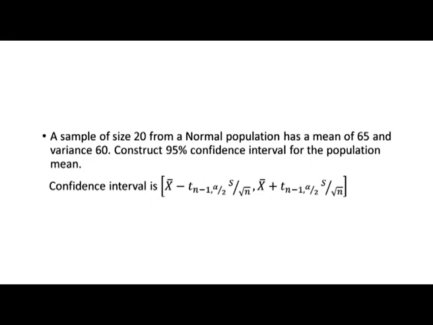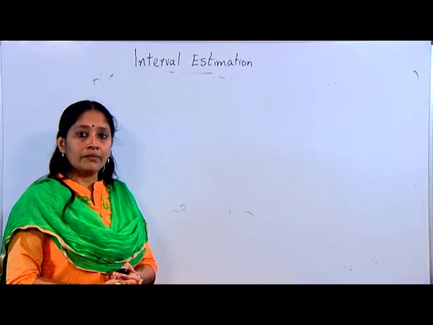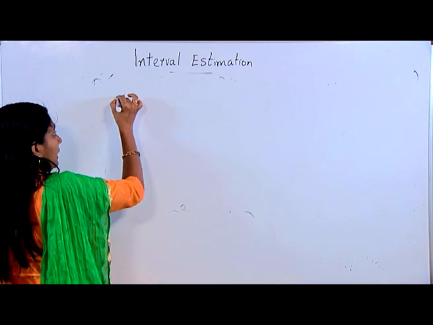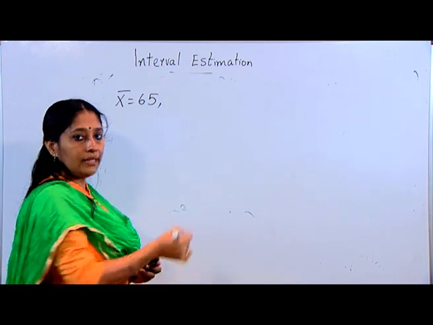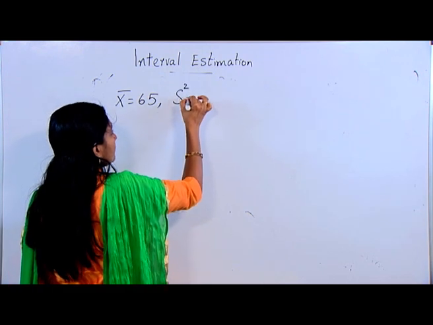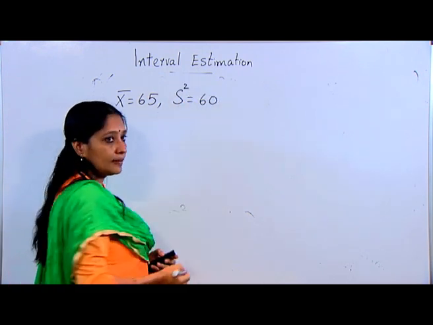Hence, the confidence interval we have constructed is x bar minus t n minus 1, alpha by 2 times s by root n, and x bar plus t n minus 1, alpha by 2 times s by root n. Substituting the values, we have x bar equal to 65 and s square equal to 60, the sample variance.